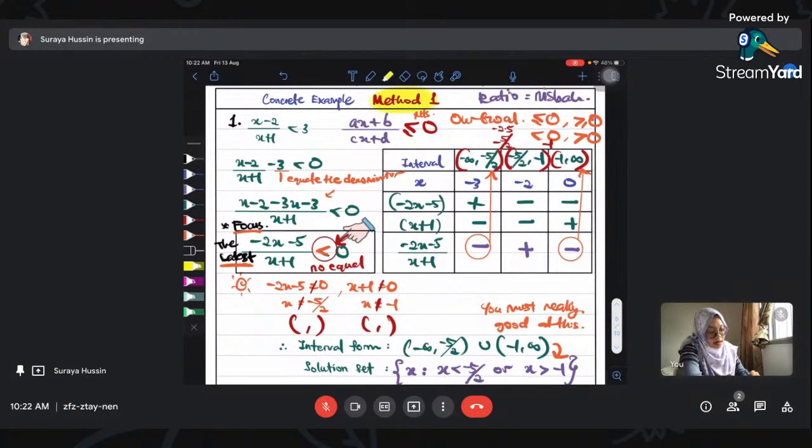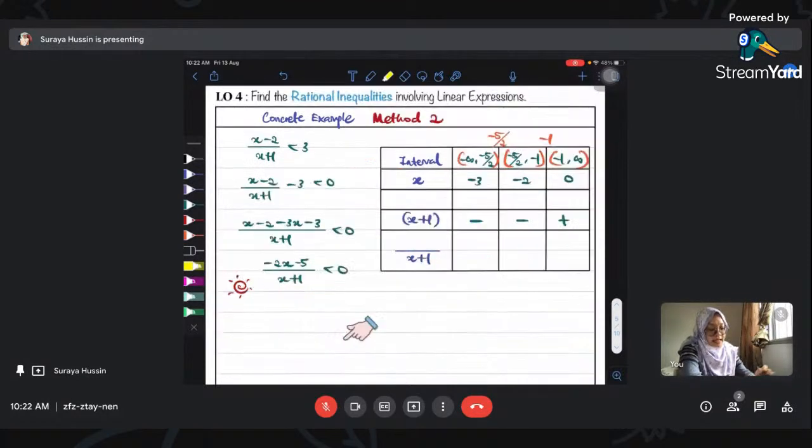Just that, if you notice here, the question is still the same, right? So what I want to show you is that I want to change this negative, I want to factorize it to become 2x plus 5. I want to make it positive, positive 2x plus 5, okay? So here what I do is I factorize out the negative number, so I'll get 2x plus 5 divided by x plus 1 less than or equal to 0.